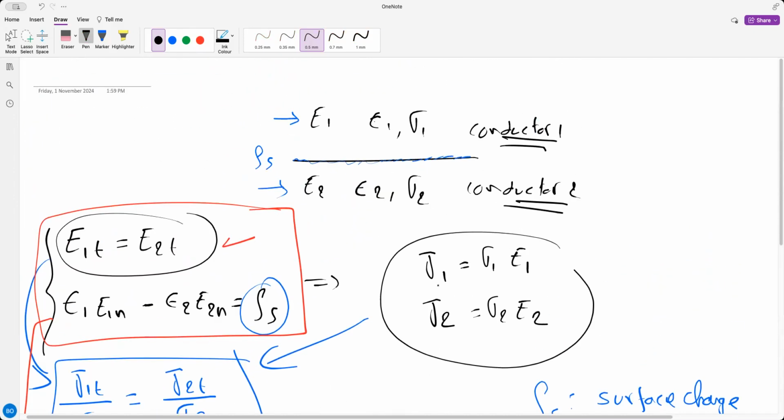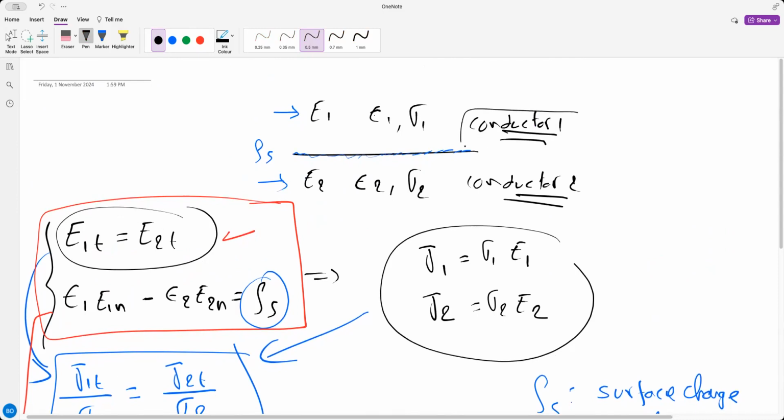But because we have a current, we have conductors, the current density here, in this case, must be equal to the current density here. Because if the current density changes, this means we are not in electrostatic condition. This means that the current density is changing as a function of time, which is not the case here, because we start from the fact that this is an electrostatic condition.